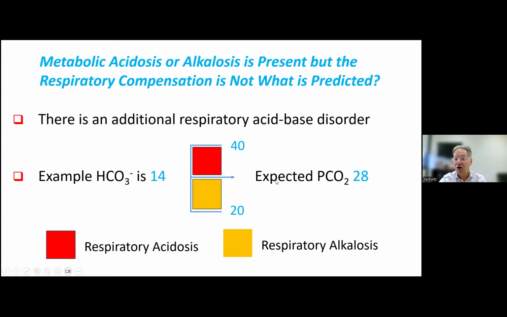Now, we don't call the PCO2 dropping to 28 a respiratory alkalosis or a secondary respiratory alkalosis like some people erroneously do. The compensation is normality, so we don't use respiratory alkalosis to talk about the fall in the PCO2 that one expects to get, because when you use respiratory alkalosis, you're saying that the fall exceeds what you'd expect.